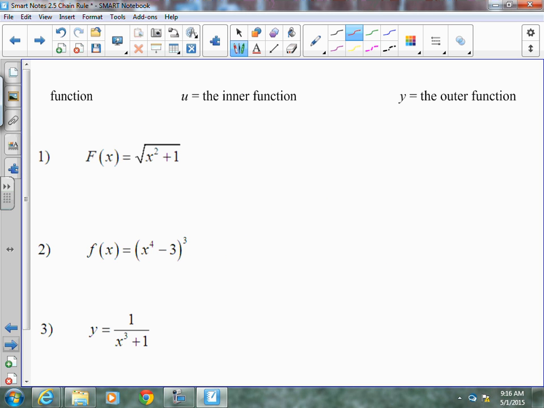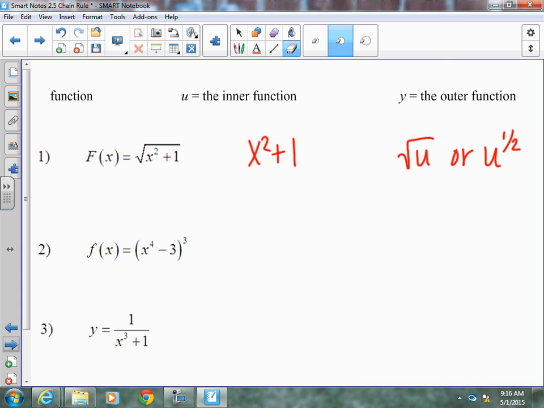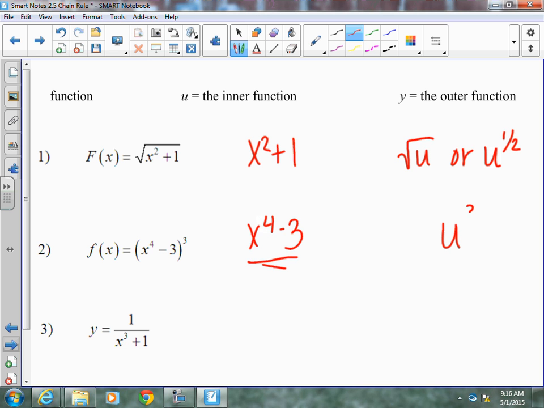So, for this one, our inner function is x squared plus 1. Our outer function is radical u, or u to the 1/2. Might be a better way to think about it. Number 2, inner function, x to the 4th minus 3, and our outer function would be that u that we were given over here, cubed.